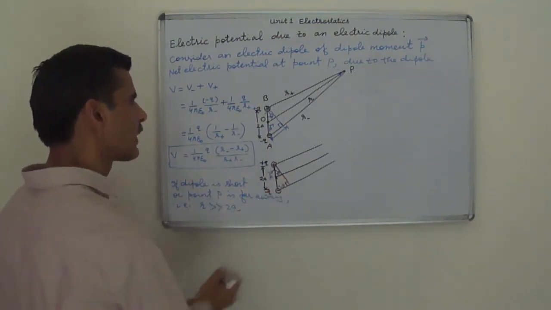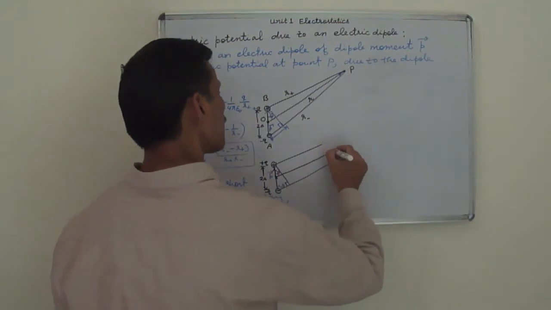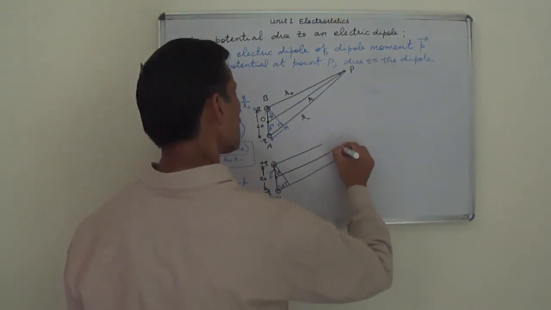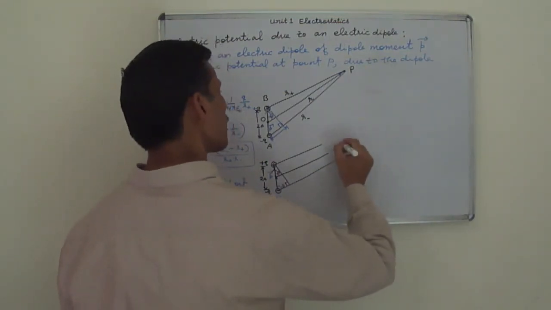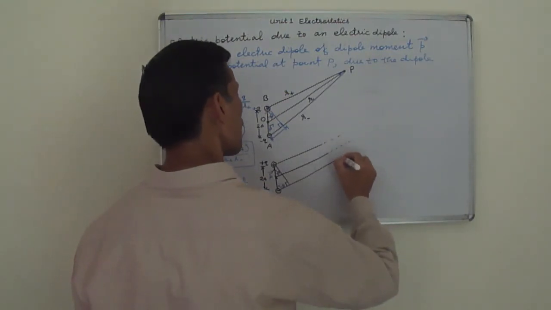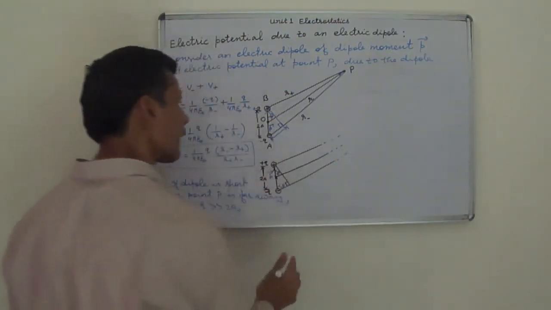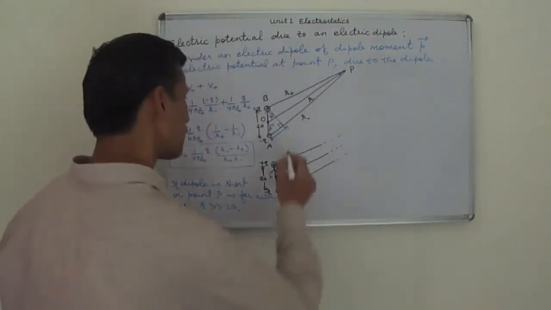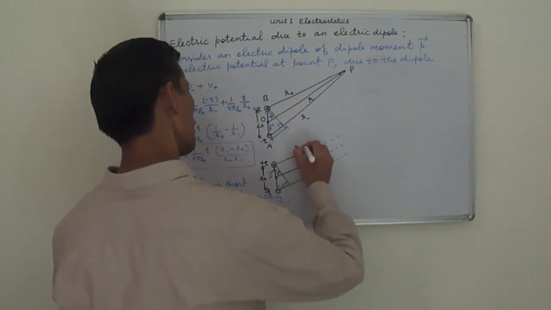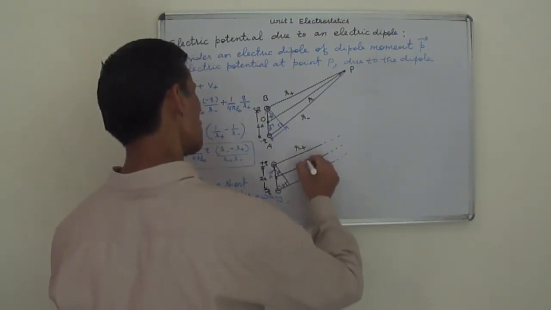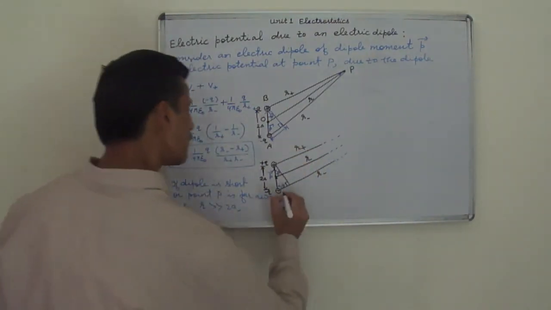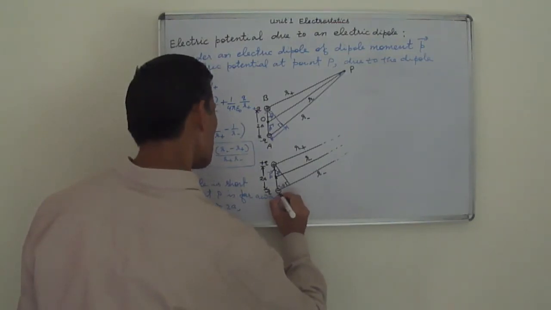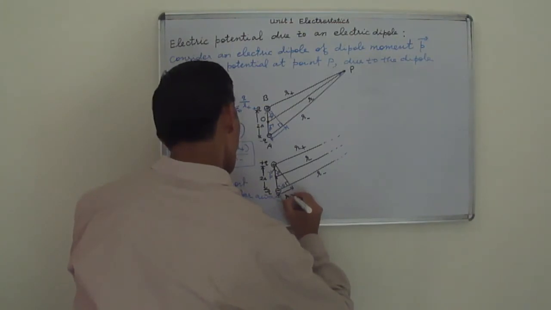So here you can see, in this case, point is, this distance is R plus, this is R minus, this is R, and this gap is R minus minus R plus.